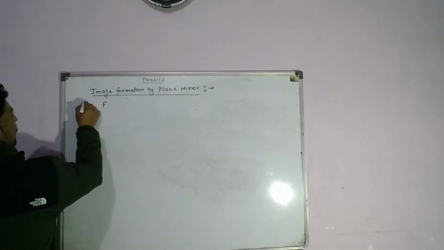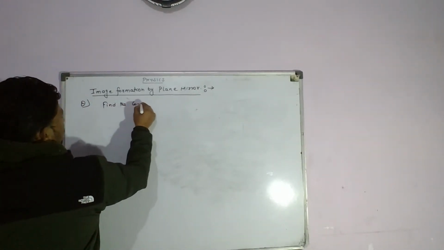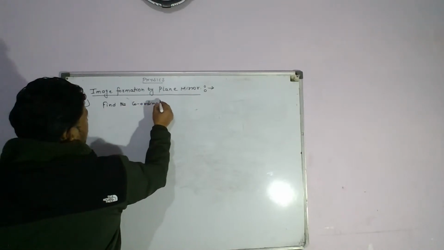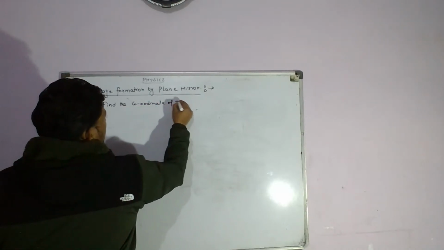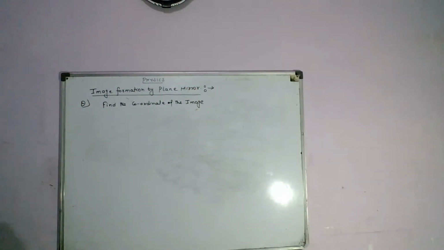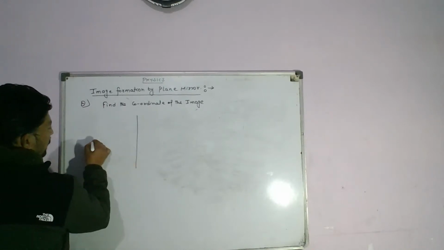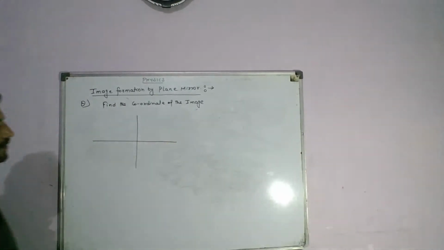Meaning you will find the coordinate of the image. So how will you find the coordinate of the image? A mirror is given like this. You will find the coordinate like this.